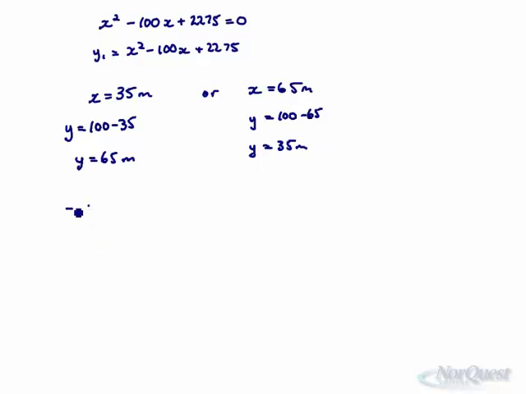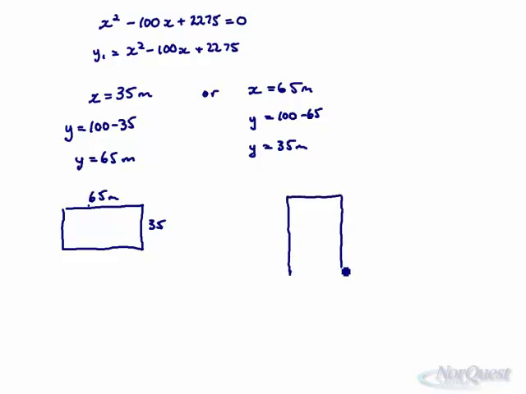Well, you could have a rectangle that looks like this, 65 by 35, or you could have a rectangle like this, 65 by 35.